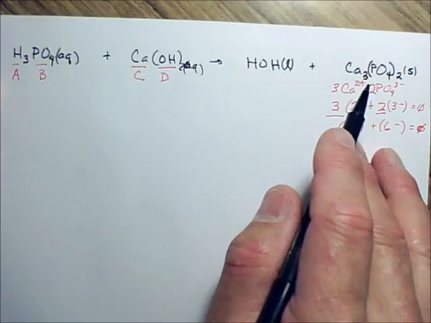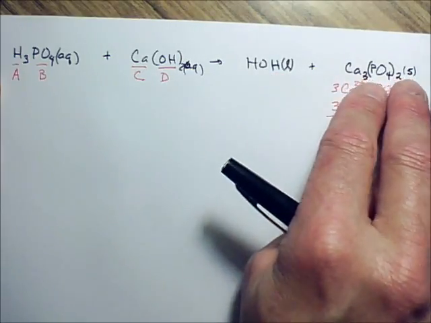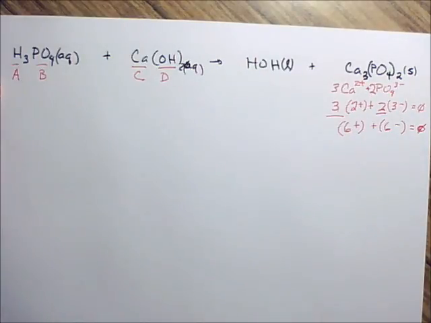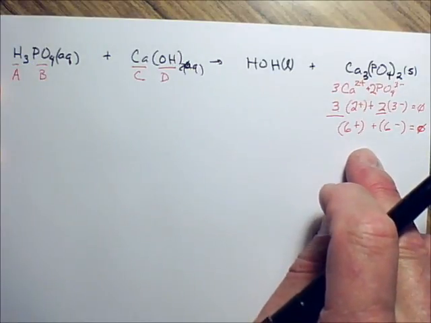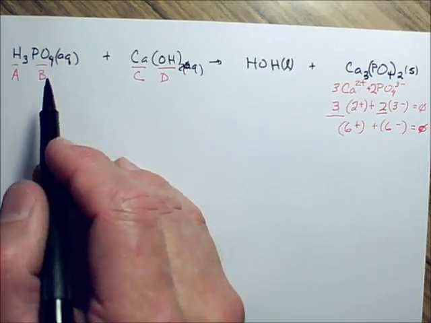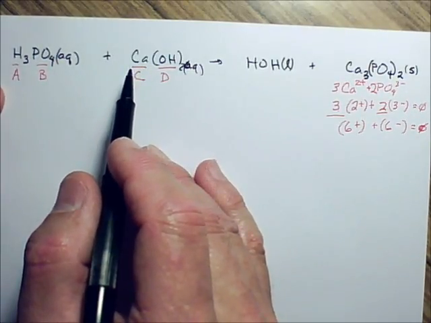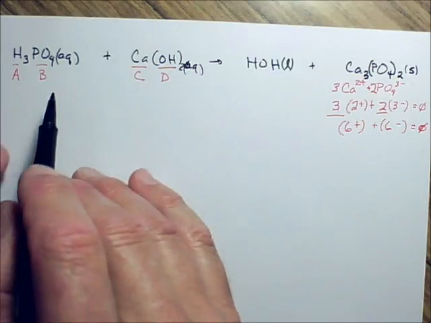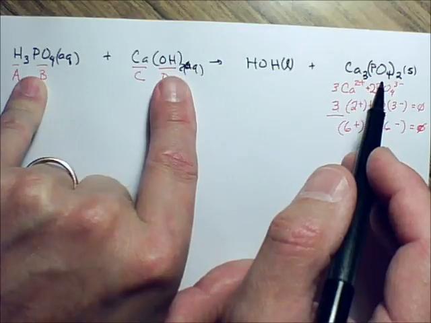We determined there's a driving force. We have the correct physical state, and we've got the formulas balanced. We're ready to balance the equation. So a lot of things to do before you get to the point where you can balance the equation. In fact, the first thing we had to do was determine that this was possibly a double replacement reaction. Before we do anything else, you've got to do that, because you don't know how to put everything together over here unless you know it's a double replacement reaction.